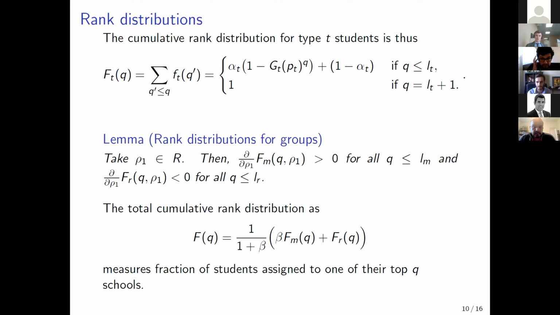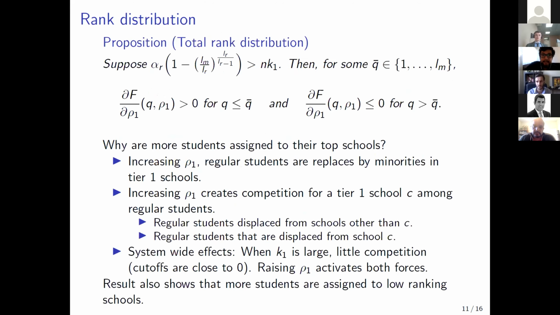But our main results are about the total impact, over the whole population of students in the system. So we compute the total cumulative rank distribution as FQ. This is FQ, and this measures the fraction of students assigned to one of their top Q schools. And the result here is about how the minority reserve impacts this total rank distribution.